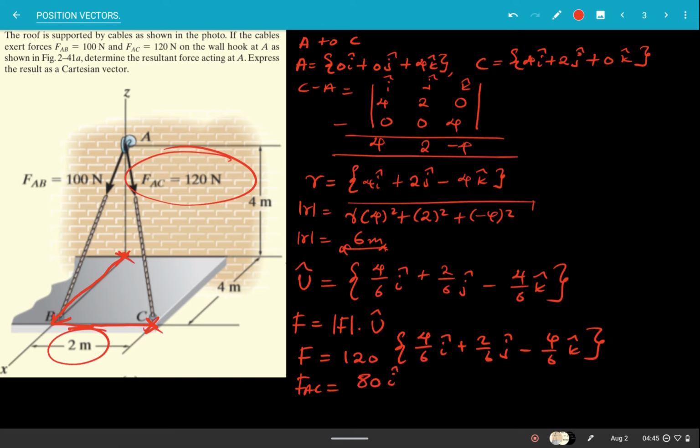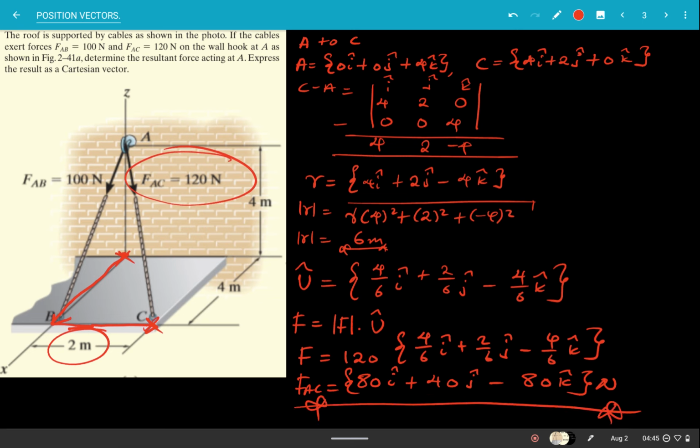So you get 80 in the I, then 2 divided by 6 times 120, that will give you 40 in the J. Then you also get a minus 80 in the K. So basically, these are the values of your converted forces. So we have managed to convert force AB and force AC as a Cartesian vector, but our main goal is to find the resultant.